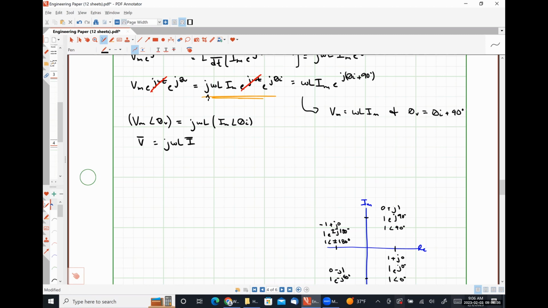What does this mean? The voltage, or the phase angle of the voltage, is always 90 degrees more positive than the phase angle of the current. So in an inductor, the current will always lag the voltage.